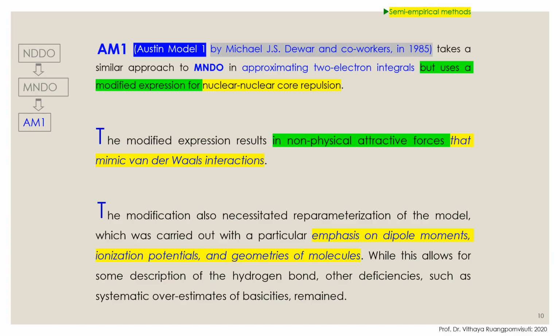The modification also necessitates reparameterization of the model, which was carried out with particular emphasis on dipole moments, ionization potentials, and geometry of molecules. While this allows for some description of the hydrogen bond, deficiencies such as systematic overestimates of basicity remain.